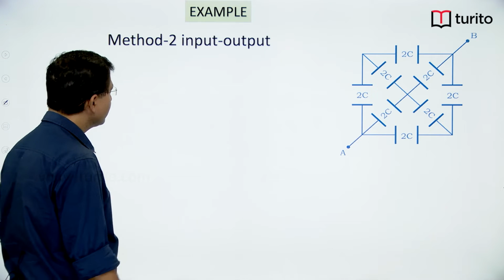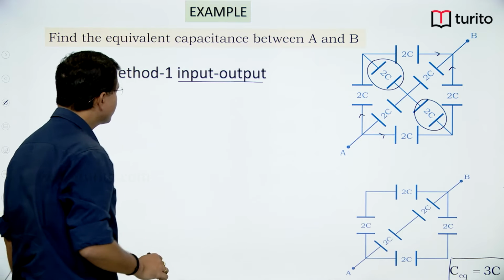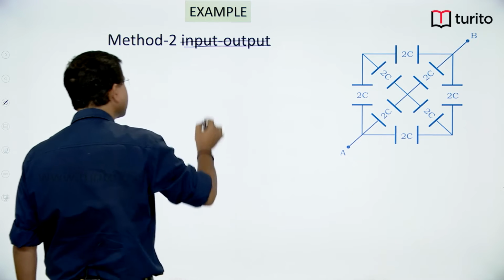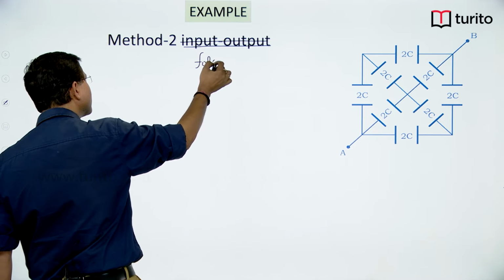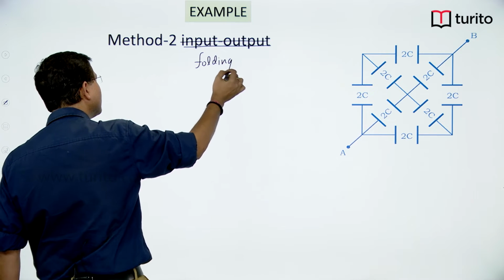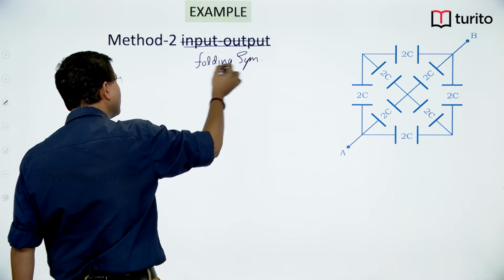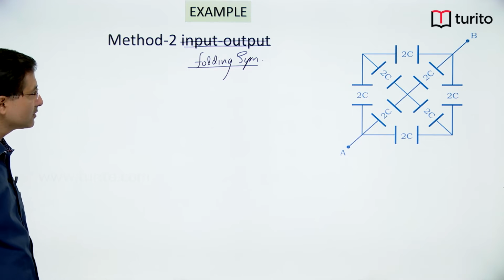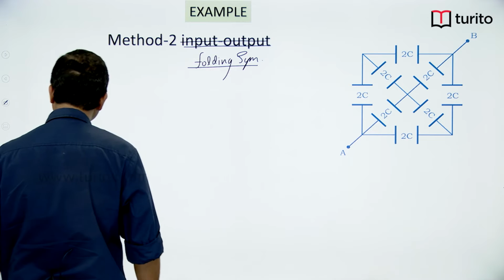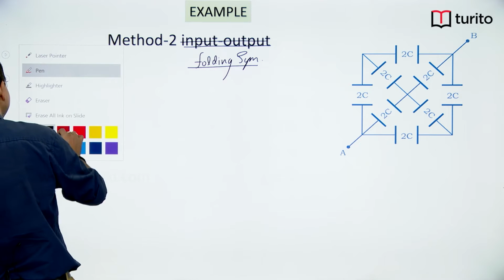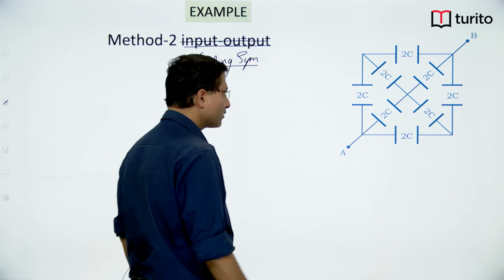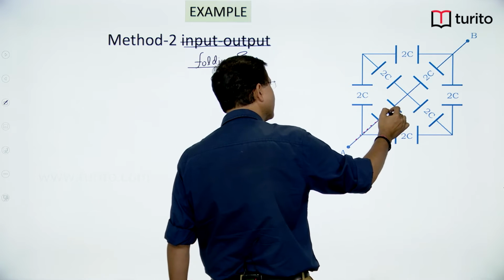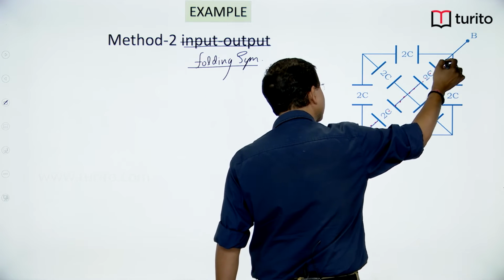The previous one was input output, and now we want to solve it by folding symmetry. So we have already solved by input output. Now the folding symmetry method, let us check what we are getting. As I am going to connect a battery across AB, about this line I can see symmetry.